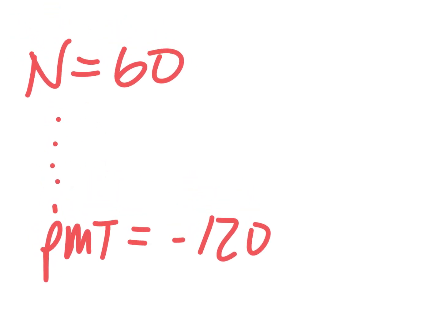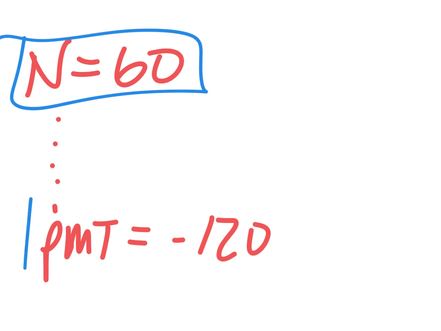How much did this person pay? Well, the payment was 120, and they made 60 of them. You can just multiply those 2. If you want to know how much did you pay, it's those 2 numbers times each other. That's how much total you paid for a loan. It's your payments times how many payments you had.